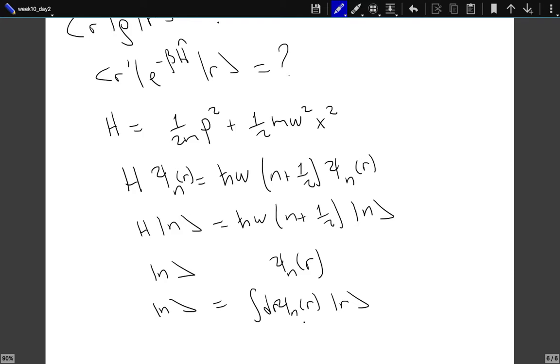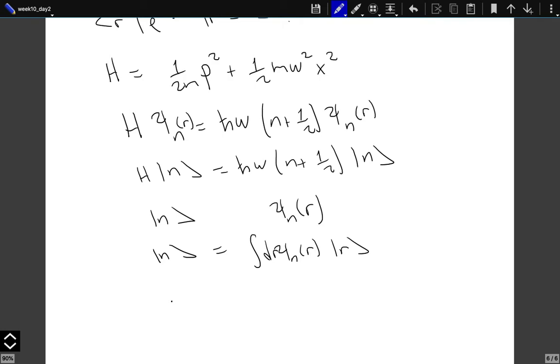Okay, so what do you mean? So psi n of r. You need a bra. Where? Here? No, to the right side. Okay, so what's the relation between the ket and the wave function? Also, phi n here is the bra of r and ket of n.